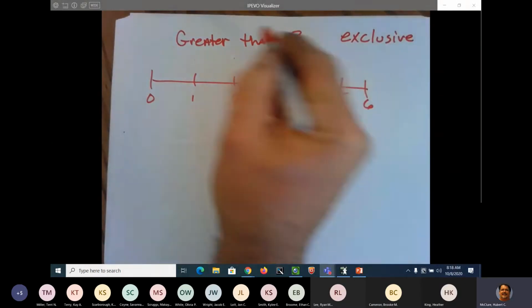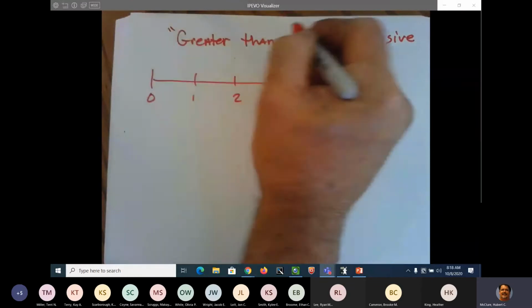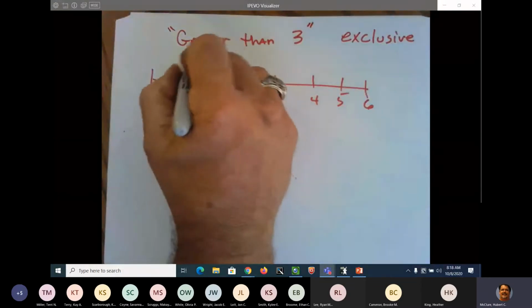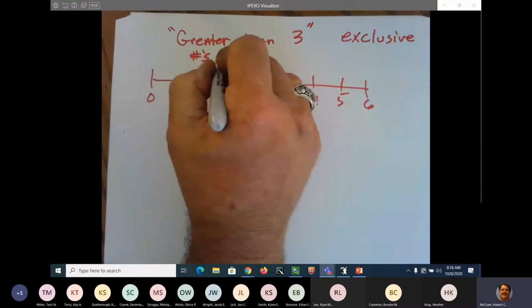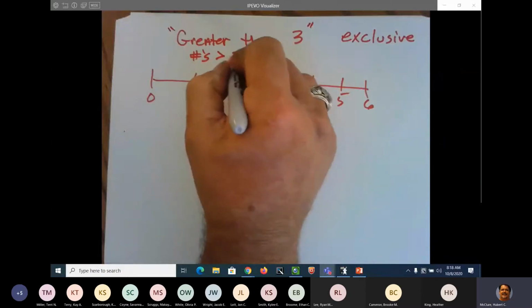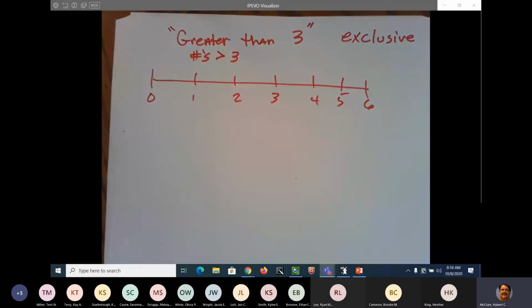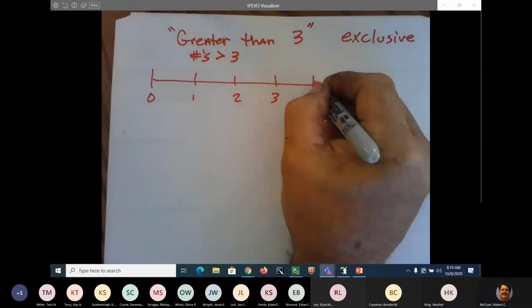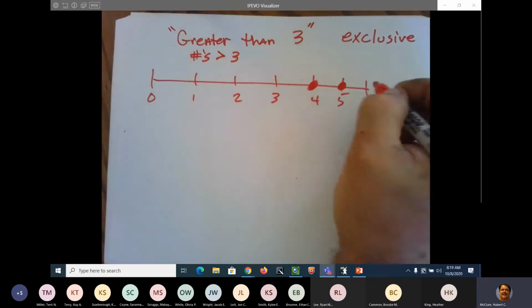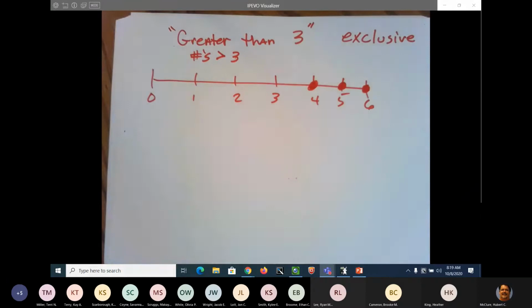This means pretty much greater than 3 means numbers greater than 3. So it means you cannot use 3. So this one would be 4, 5, and 6.